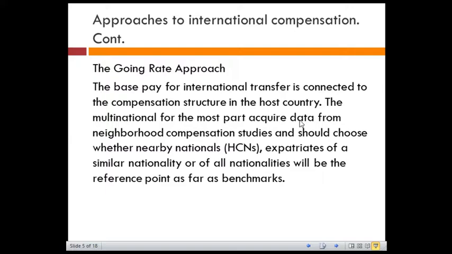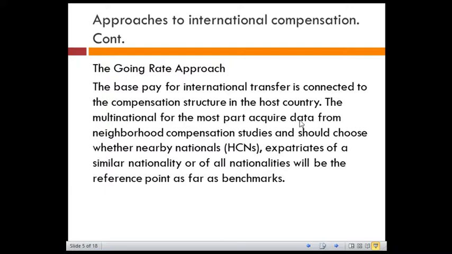Now, the going rate approach: the base pay for international transfers is connected to the compensation structure in the host country. The multinational firms, for the most part, would attempt to acquire data from neighborhood compensation studies.